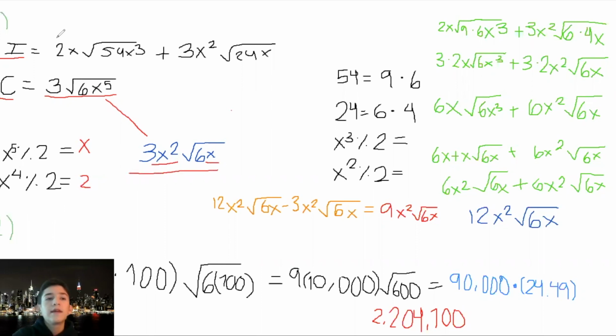Then, in the income, it is a much larger process. I have to find the factors of 54 and 24. The factors of 54 are 9 and 6, 9 being the one with the absolute square root. And in 24, its factors are 6 and 4, 6 times 4, the 4 being the one with the absolute square root of 2.